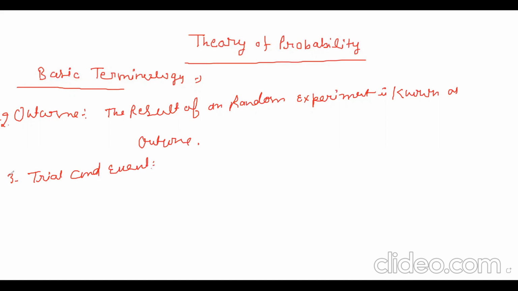Trial and event means that any particular performance of a random experiment is called a trial, and the outcome, or a combination of outcomes, is termed as event. Like if a coin is tossed repeatedly, the result is not unique.